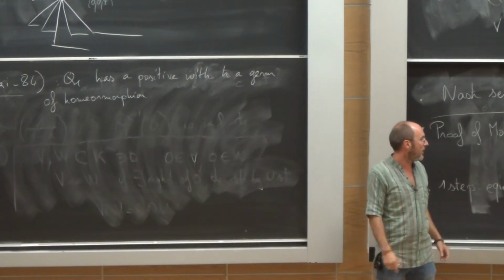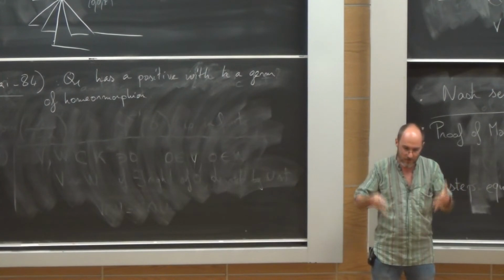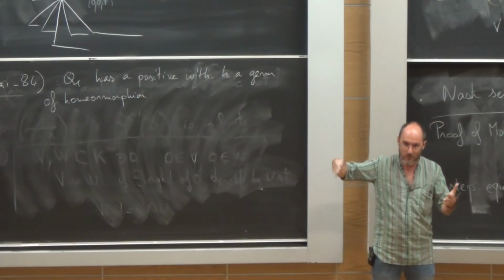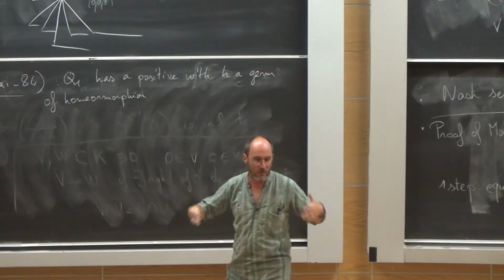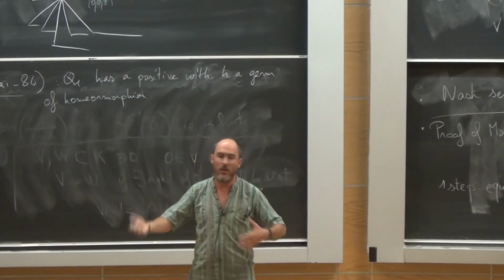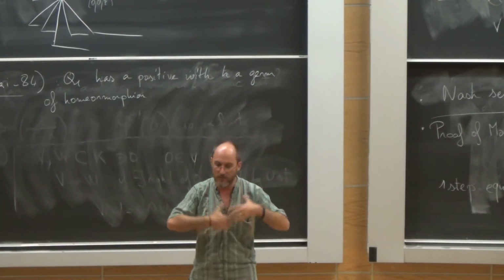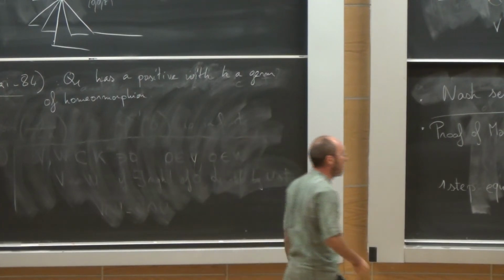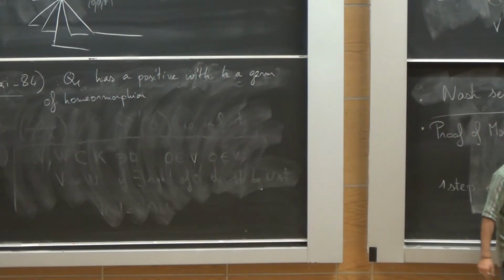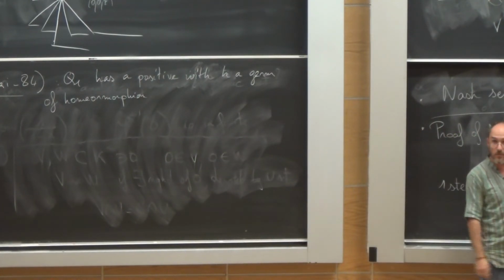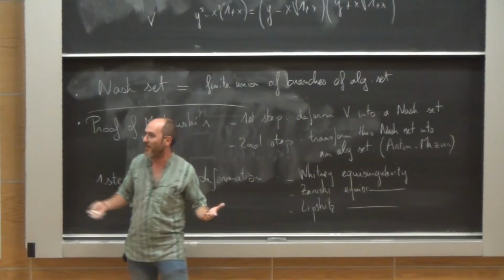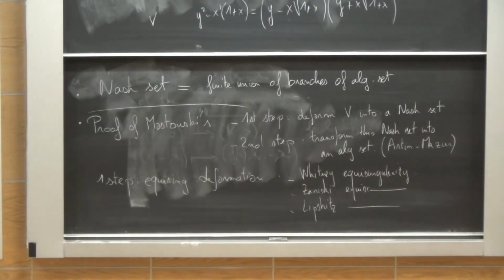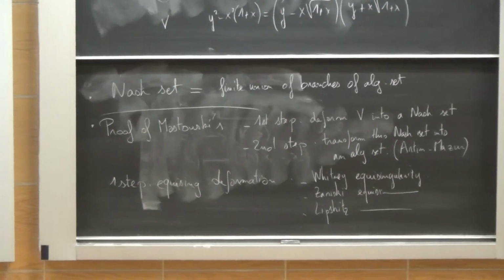There is no deformation at all. And saying this can be written in terms of equations. And then we use the Artin approximation theorem that tells you that we can construct such a Zariski equisingular deformation for which one of the fibers is a Nash set. That's the idea of the proof.